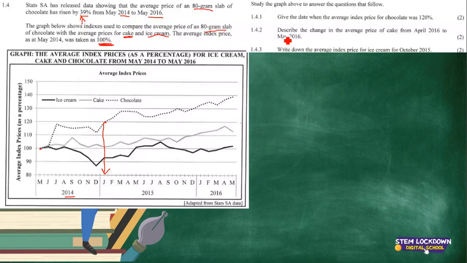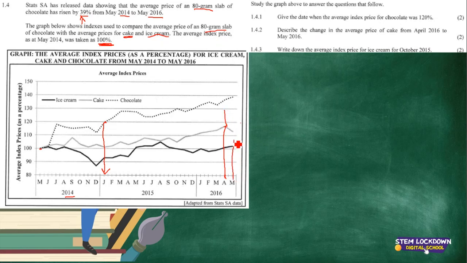Next one. They say describe the change in the average price of cake from April 2016 to May 2016. So I look at cake. We're looking at April 2016. April is A. We're looking at April and May.